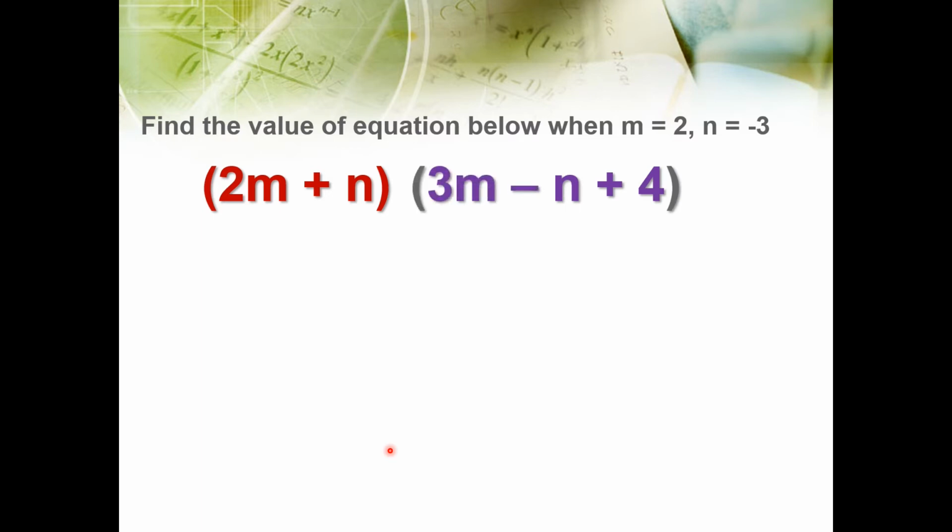Okay, let's see another example of algebra questions. Find the value of the equation below when m equals 2, n equals minus 3. So in this question, you need to substitute m equals 2 and n equals minus 3.